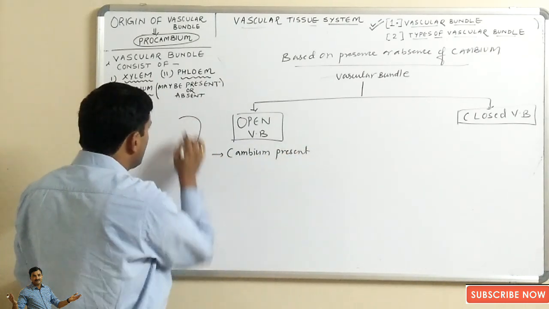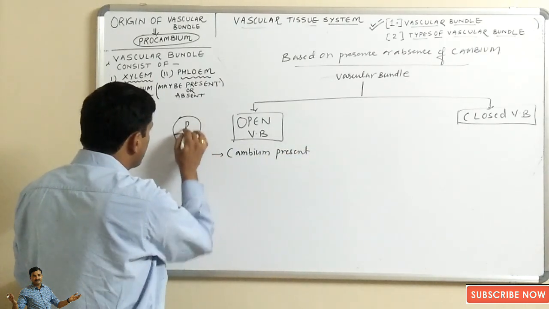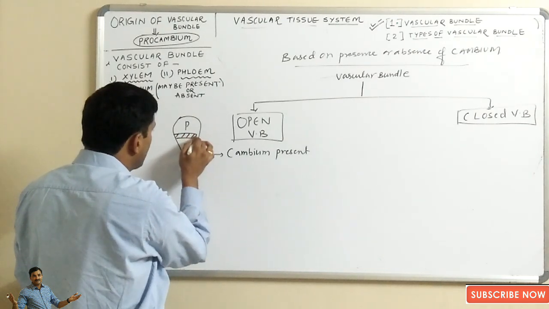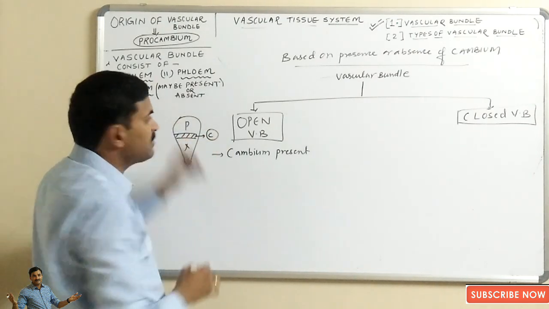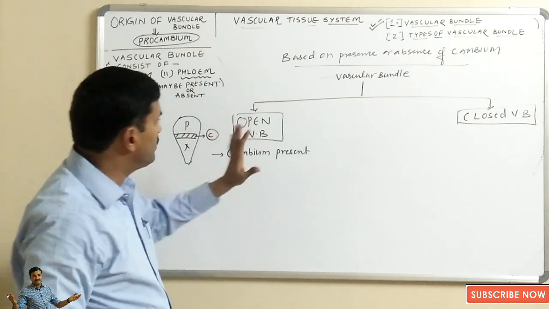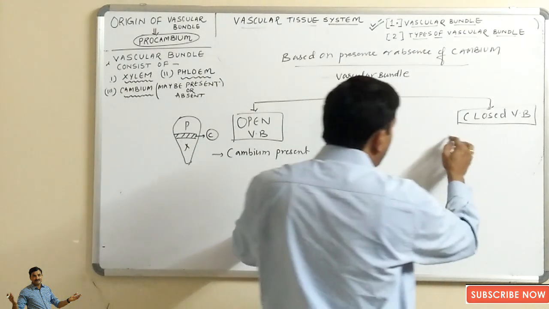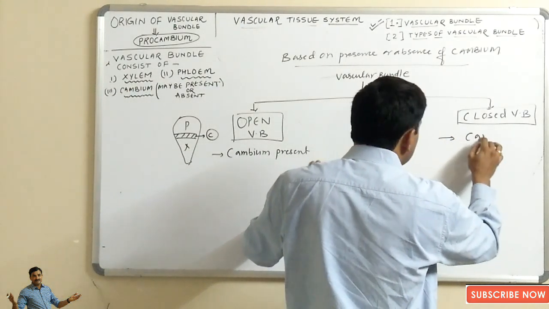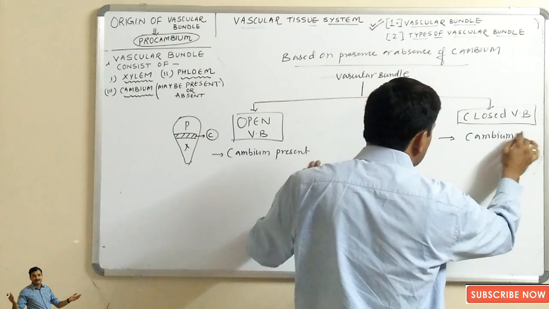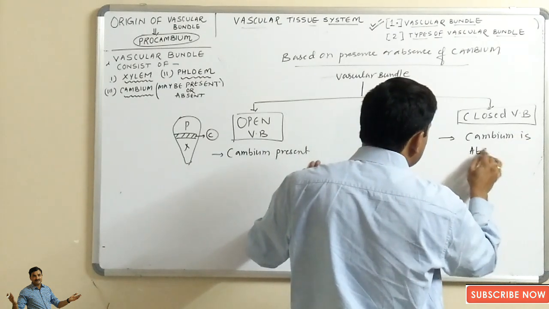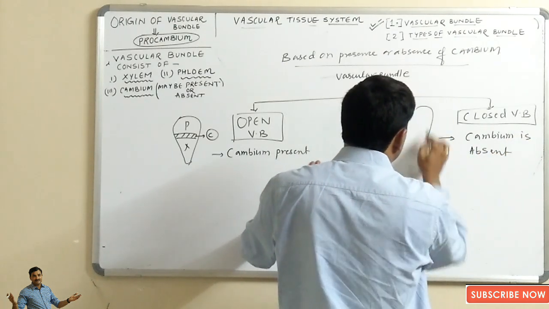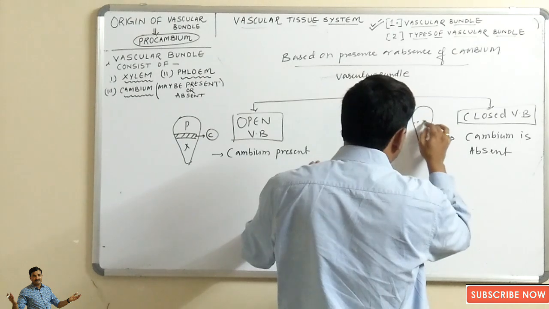Cambium present. Okay, I have made this vascular bundle, this is phloem, this is xylem, and I have made the cambium. If cambium is present in between the vascular bundle, then such a vascular bundle is called as open vascular bundle, and in a closed vascular bundle cambium is absent. If cambium is absent, then such a vascular bundle will be called as what?